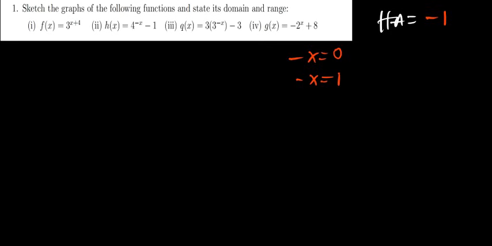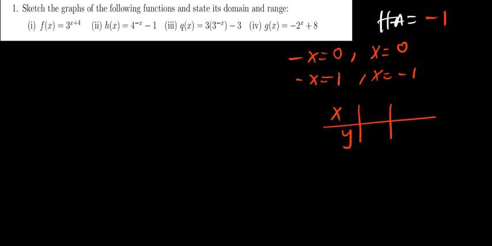So if I divide both sides by negative 1, x is equal to negative 1. Now let's find the coordinates. This is x, this is y. I can start with negative 1, but you can start with any.